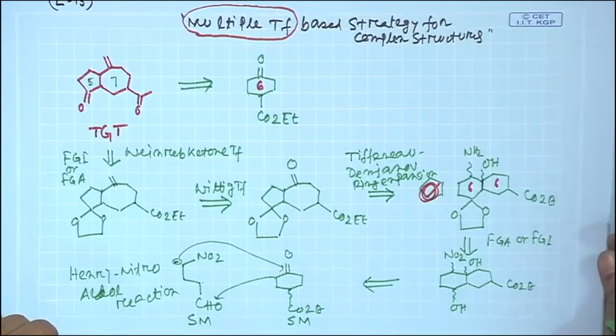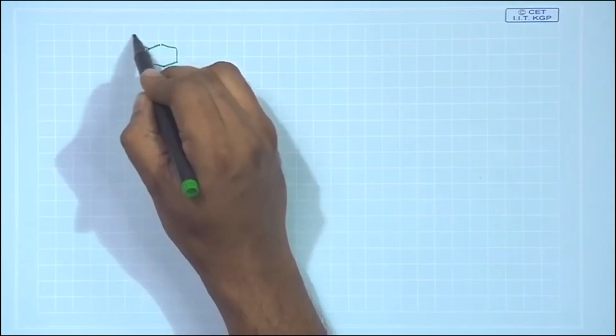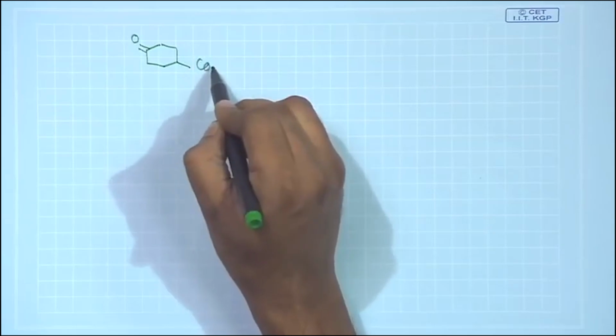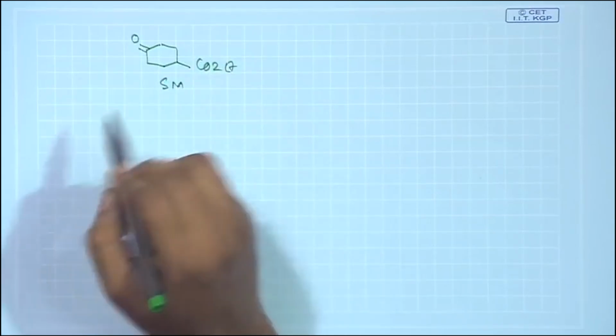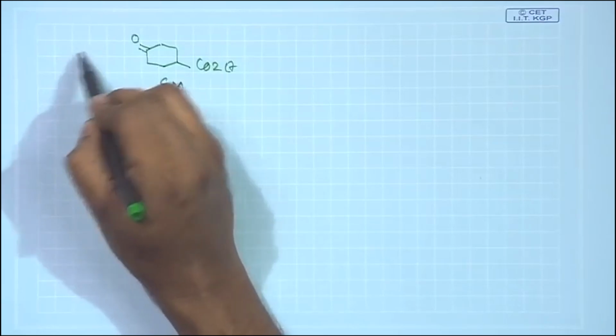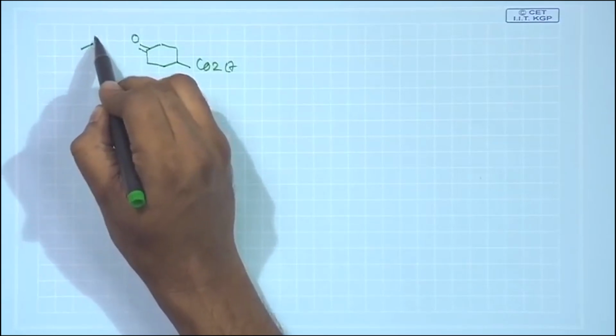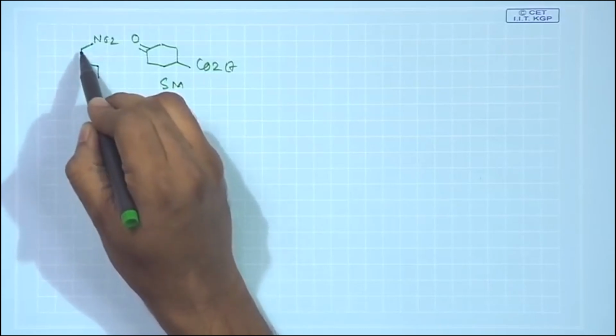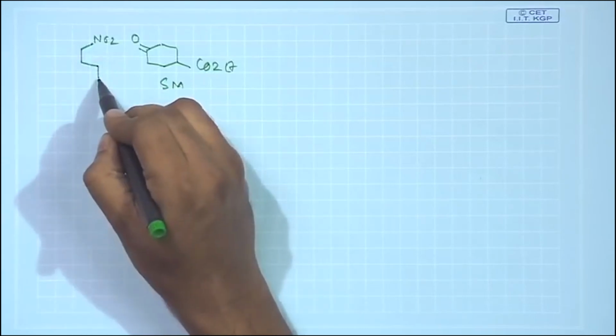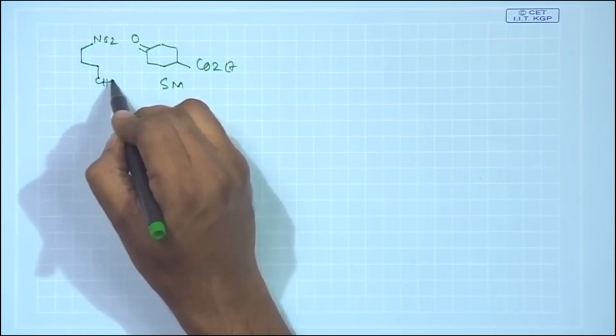So, we will now follow the same analogy for the synthesis. You take the starting material, your starting material here, and then you react it with CH2, CH2, CH2, CHO.